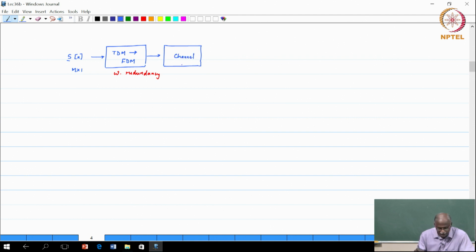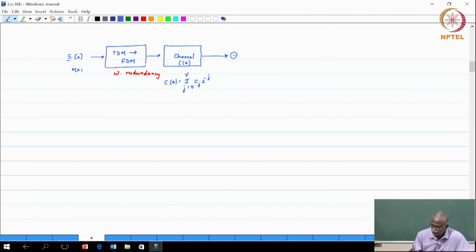The channel model that we gave yesterday said that there are nu plus 1 taps, C of z equal to the sum over j equal to 0 to nu of C subscript j z to the minus j. That is the channel model that we have, nu plus 1 taps, it is an ISI channel, nu symbols of ISI.